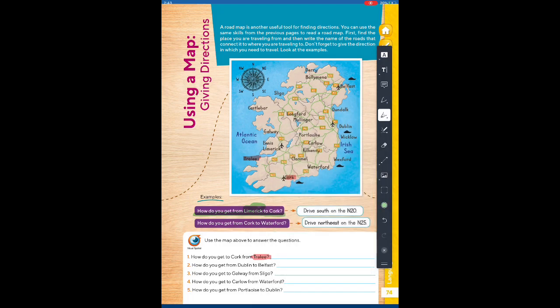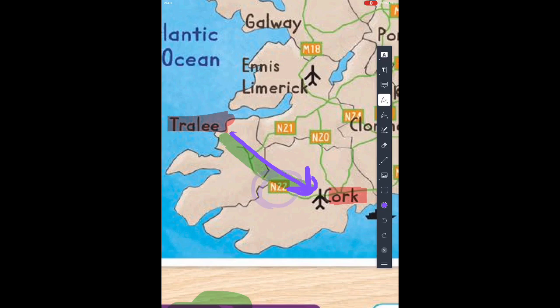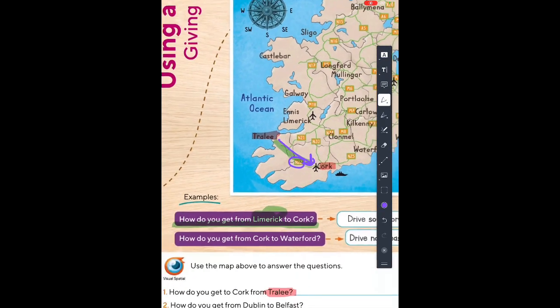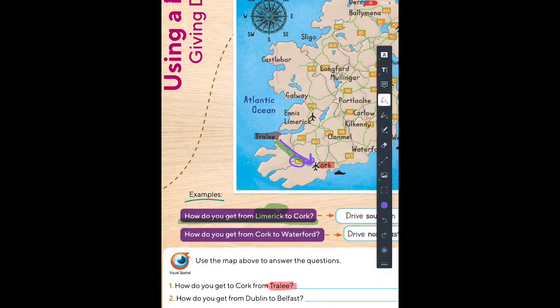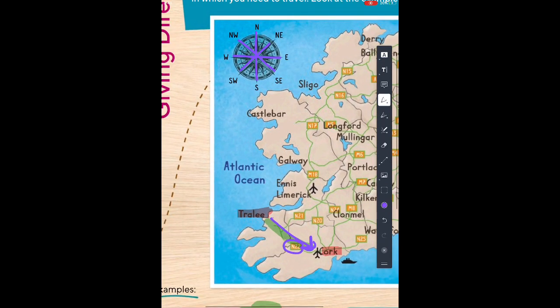Let's take green, and we're going like this. Can you see? Like this, in that direction. So we know now what number we need to take. In this case it is N22, right, to get to Cork. But that's not the only thing that we need to know. We need to know in what direction we are moving. So if we go back to our compass rose and we check the directions, which one is taking us like this?